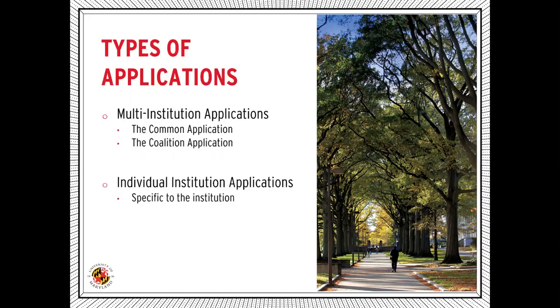And it actually requires that school meet certain criteria for them to be a part of the Coalition. For individual institution applications, there are different requirements and differ from school to school. Some highly selective schools will have their separate applications, such as Georgetown, and some schools will just require their separate applications, such as Towson. When looking up schools, make sure you know which school is on which platform or which is on their own, and some schools may even be on 2 separate platforms.